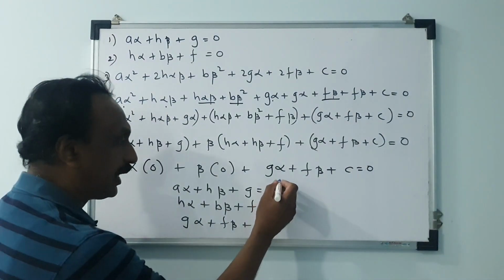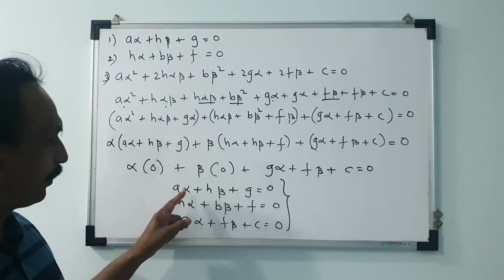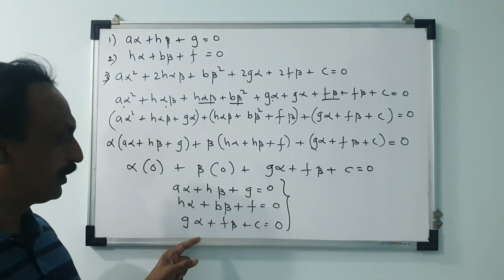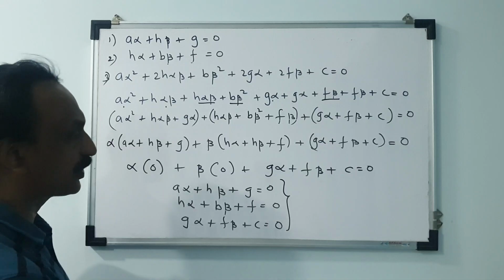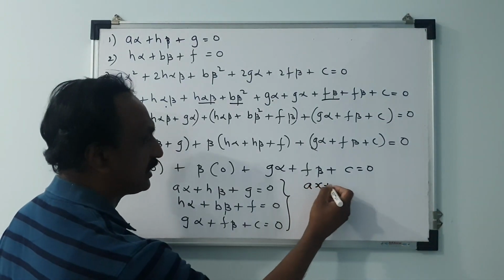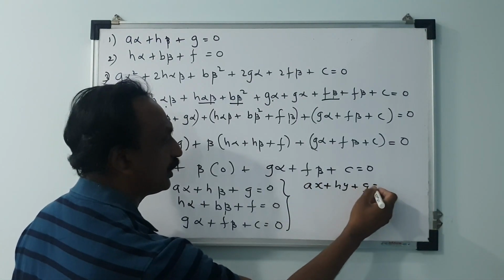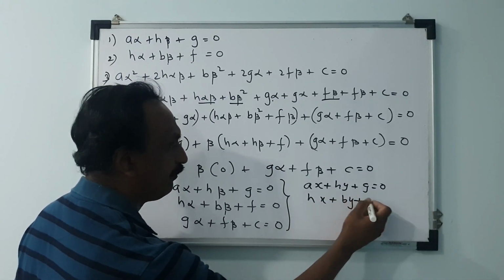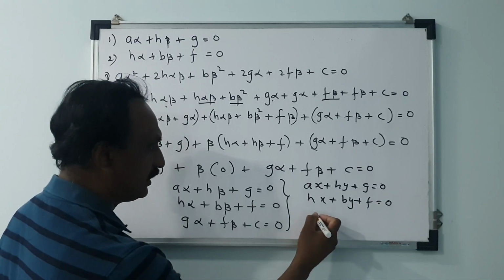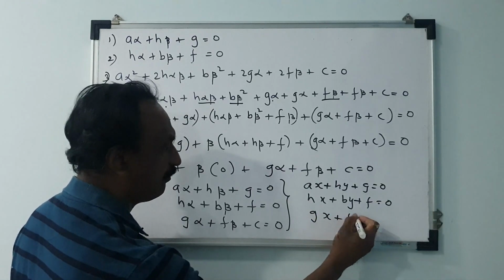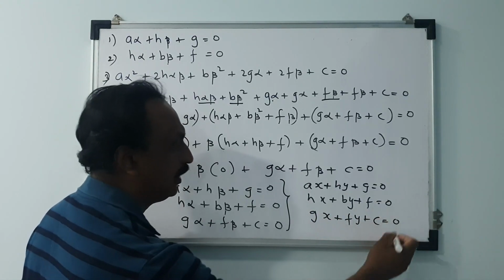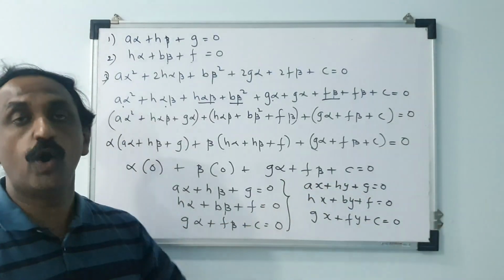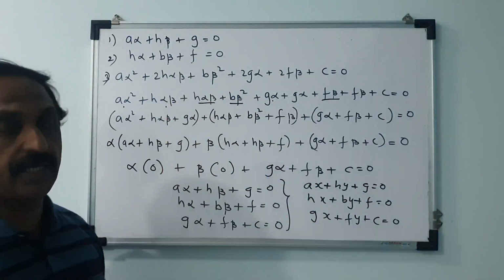That means I should have a proper value for alpha, beta in three equations. What are the three equations? ax plus hy plus g equal to 0, hx plus by plus f equal to 0, gx plus fy plus c equal to 0.